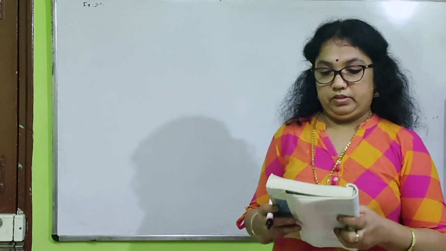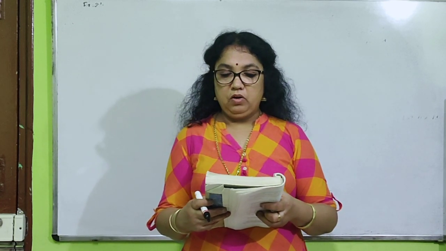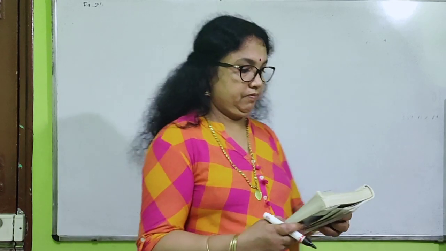If two zeros of the polynomial x raised to 4 minus 6x cube minus 26x square plus 138x minus 35 are 2 plus or minus root 3, find the other zeros.